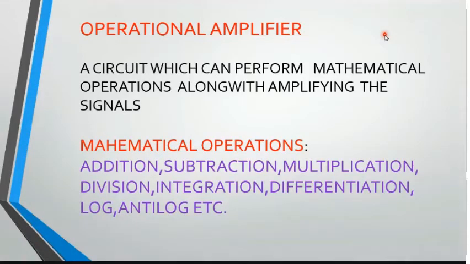For example, if you have the input voltage as 1 millivolt, then you can use a circuit and you can increase its strength to 1 volt. Okay, so here what is happening? 1 volt by 1 millivolt will be your amplification factor. But here only amplification is taking place, but you can't perform any mathematical operations.